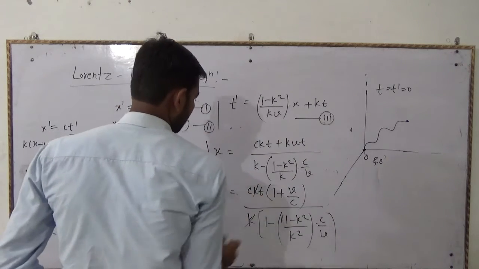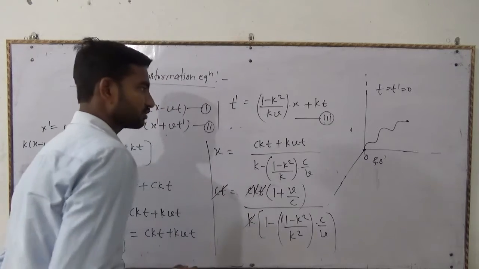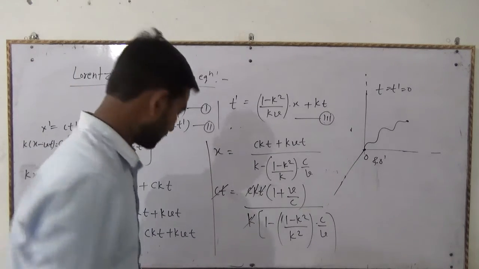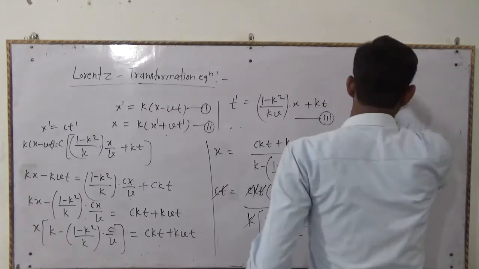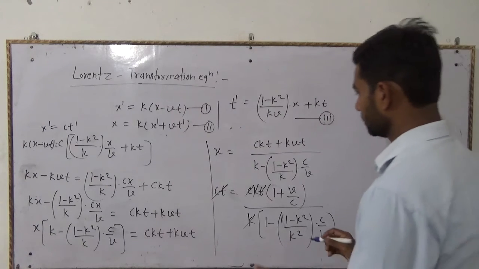So c and c will cancel out, and ct also will cancel out. We can solve it very easily, and we can find out the value of k.